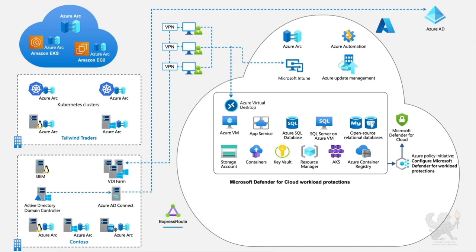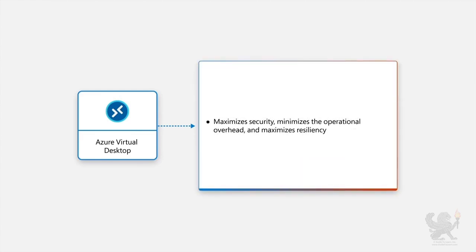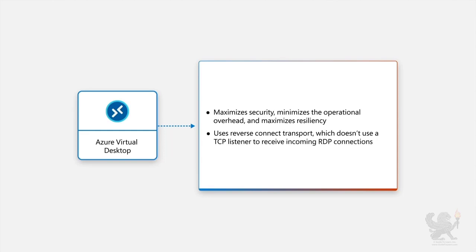Desktop. An Azure ExpressRoute circuit will accommodate connectivity to any on-premises workloads that must be accessible from virtual desktops. The Azure Virtual Desktop is a modern solution that not only maximizes security, but also minimizes the operational overhead and maximizes resiliency. Azure Virtual Desktop uses reverse connect transport for establishing the remote session and for carrying RDP traffic.